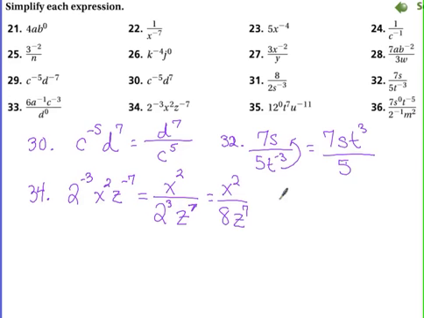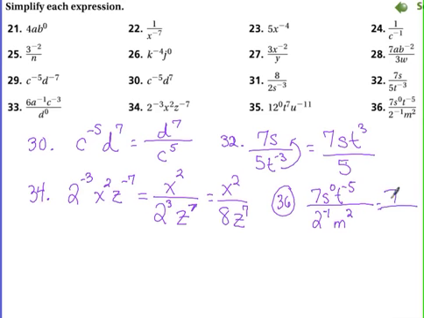All right, let's take a look at 36. 7, s to the 0, t to the negative 5, 2 to the negative 1, m squared. All right, so let's talk about what happens. 7 stays up top, it's fine. This turns to 1. Well, what's 7 times 1?